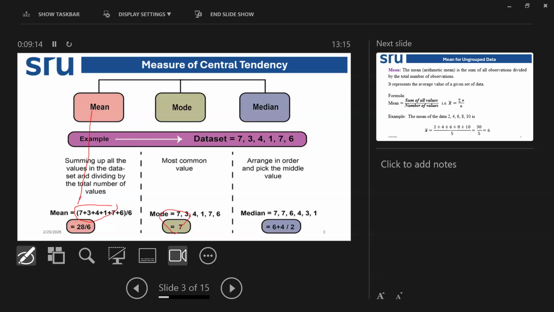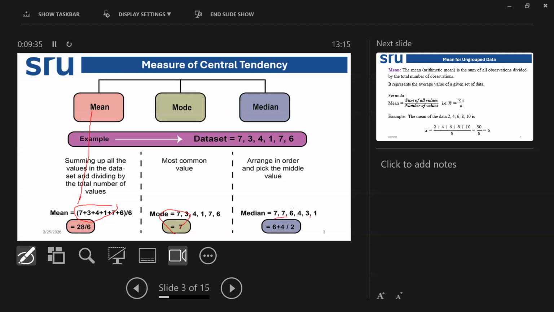Okay. In the same way, for the median you have to arrange in ascending or descending order. Then whichever is the middle value, that will be the median. If you observe here, when you arrange in ascending order, here there is an even count of numbers.